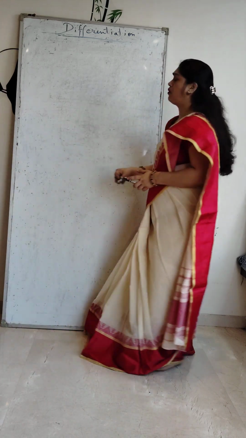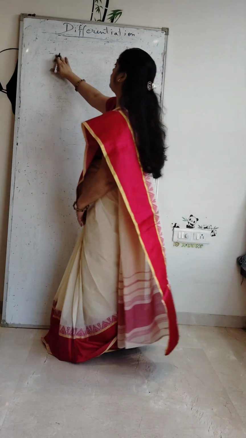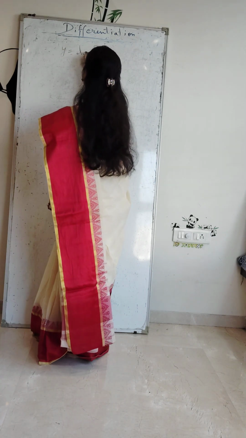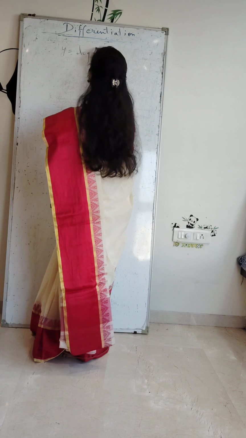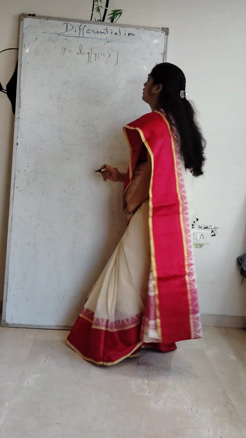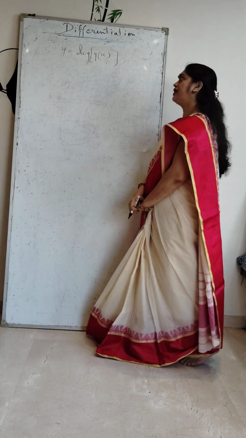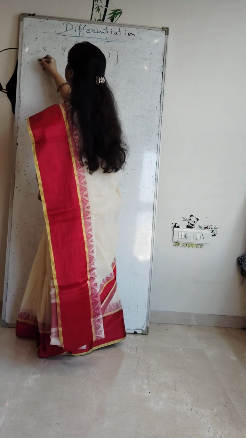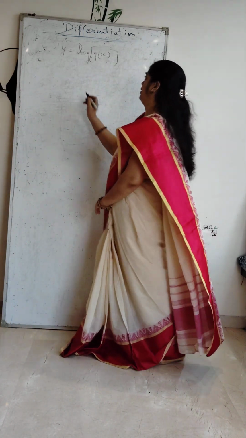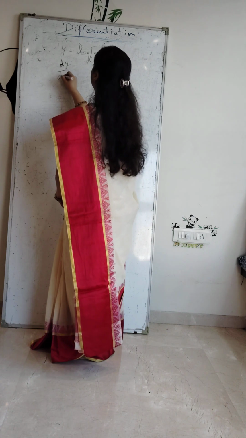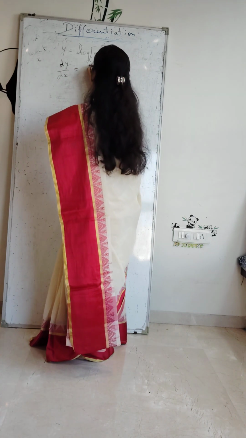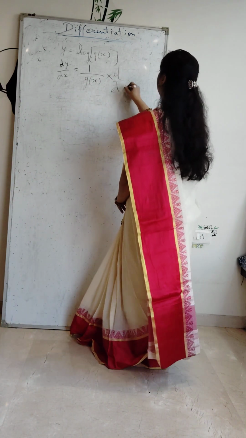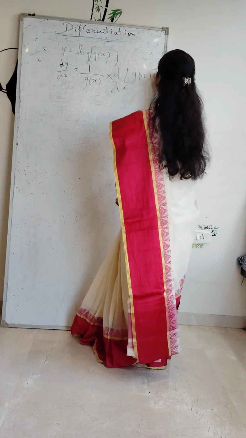Now differentiation of logarithmic function. How will we differentiate any logarithmic function? If a function is given as log of g(x), and we have to differentiate it with respect to x, then how will we solve this? dy by dx will be 1 by g(x) into differentiation of g(x) individually.